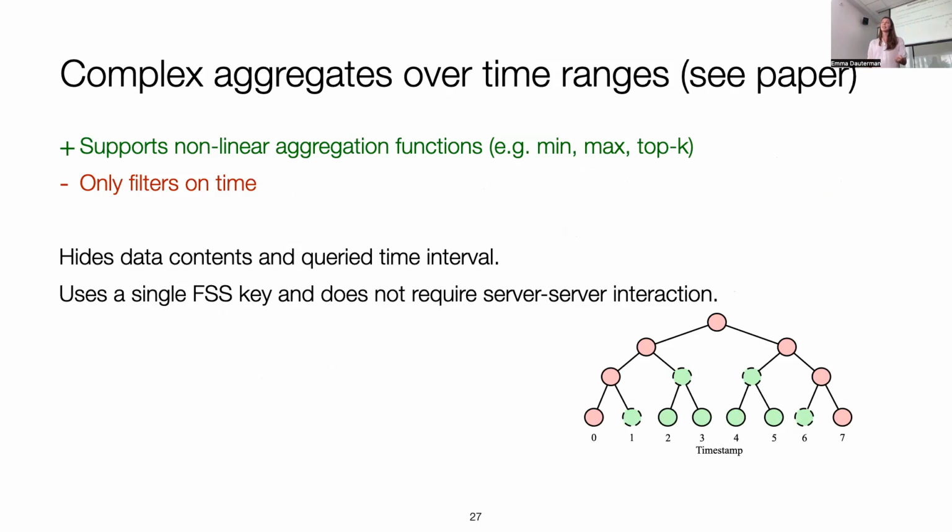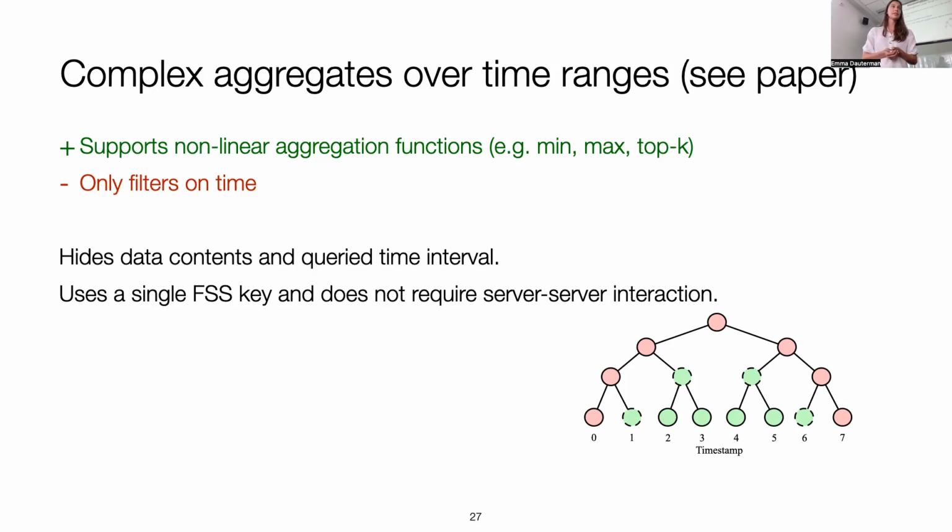And so we show a tree-based construction that allows you to do this without leaking a bunch of extra stuff, just at a very informal level. The downside is that you can only filter on time, and so you can't do these fancy multi-predicate filtering techniques. But this will actually hide the data contents as well as the queried time interval. And you can do this all using a single logical FSS key, and it doesn't require interaction between the servers.